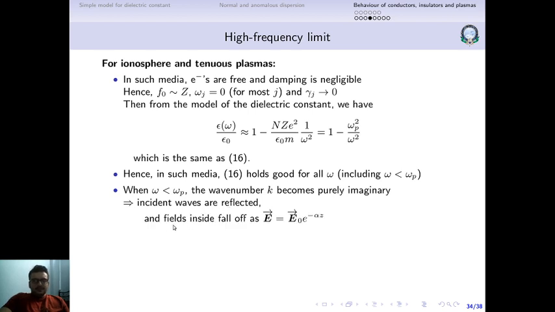So if incident waves get reflected, then those evanescent waves, those waves which manage to penetrate into the medium, will fall off exponentially. There is going to be a constant which is known as alpha, the attenuation constant. In the static case, omega equal to 0, the attenuation constant for plasma is twice omega p by c.